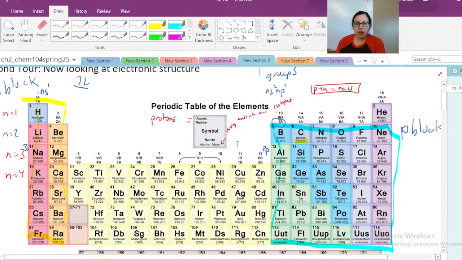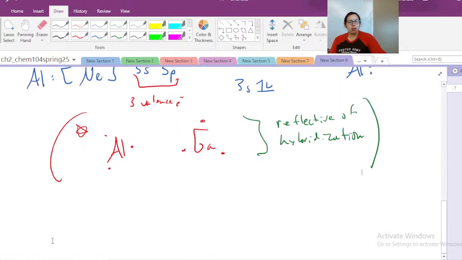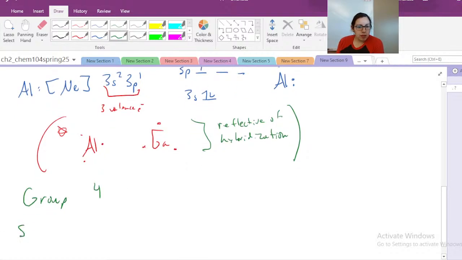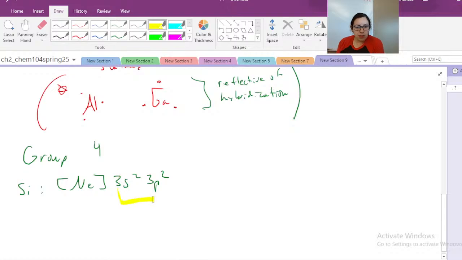All right, so continuing, then group 4, so we'll look at silicon. And again, we can do our electron configuration. So silicon, again starting at neon, 3s2, 3p2, so 4 valence electrons. And so for group 4, we want to write our Lewis dot structure to reflect this.